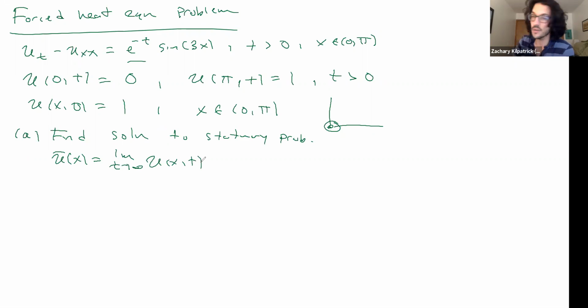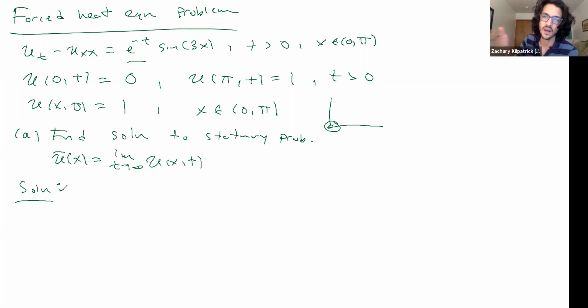What's the stationary problem? Well, remember, maybe you haven't watched this lecture yet, but the stationary problem of the heat equation is like a Poisson equation because you drop out the time derivative. Okay, so why do this? Well, this tells you something that you can subtract off from the solution to see how everything else is evolving and collapsing to the stationary solution over time.